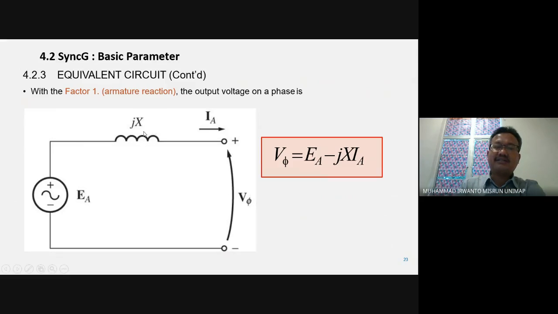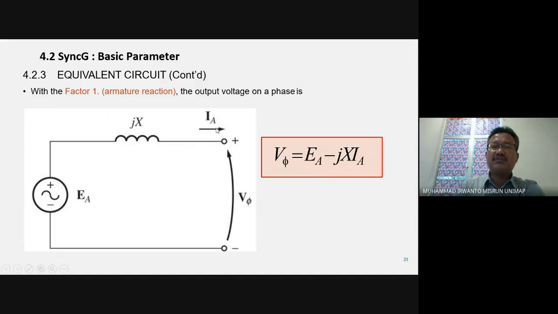In here is the internal generated voltage EA, and if it is connected to the load, current will flow.